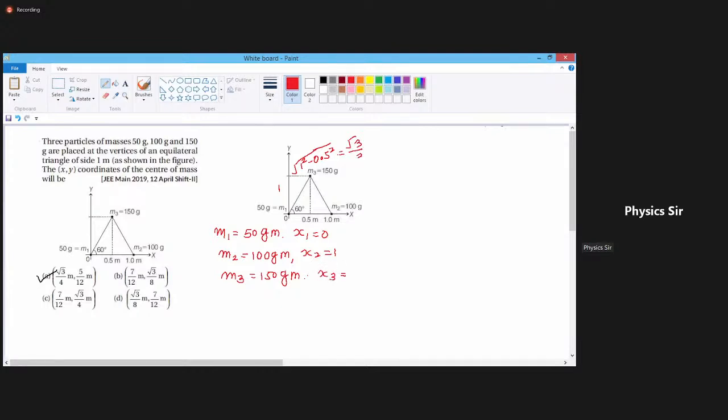So this x3 is 0.5, whereas this y3 is root 3 by 2. What is y2? y2 is 0. What is y1? It is 0. I hope all of you have understood. You just need to find the coordinates for the center of mass. Can you do it by yourself?